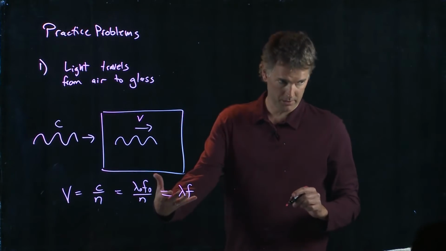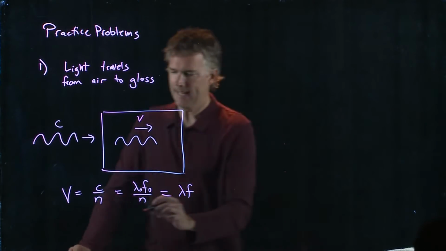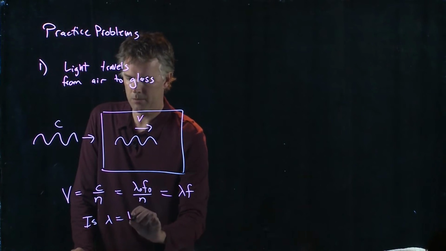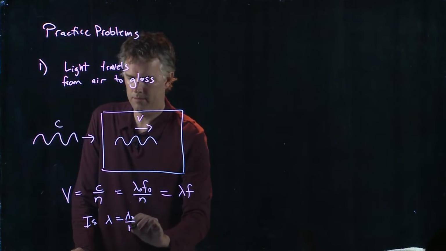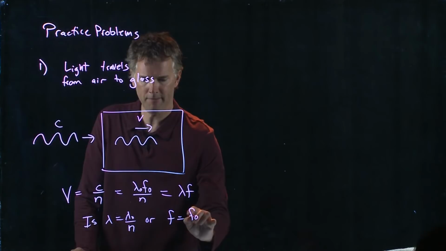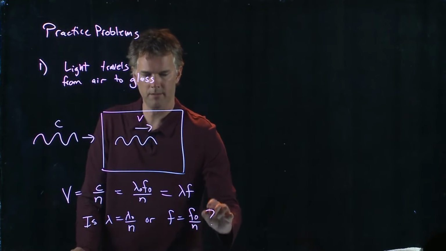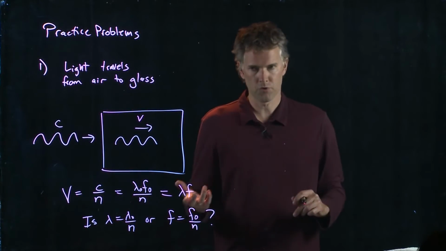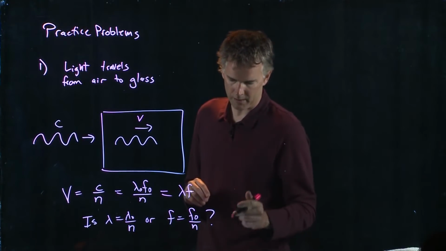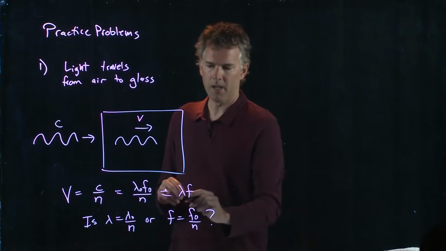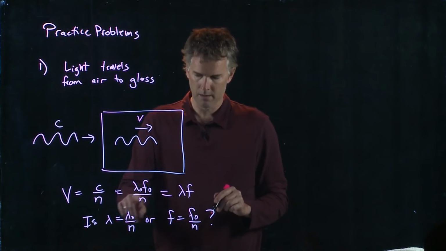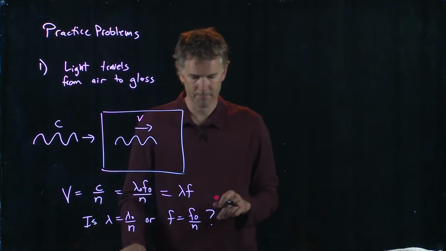And so now you're faced with a choice, right? Is lambda equal to lambda naught over n, or is f equal to f naught over n? One of those is true and one of those is false. And this is what this question is asking about. It's asking, is this one true, or is the frequency not affected?